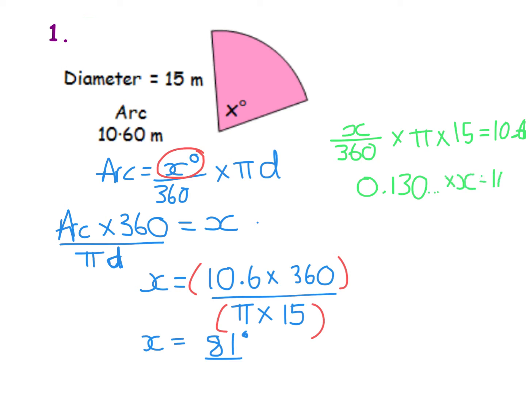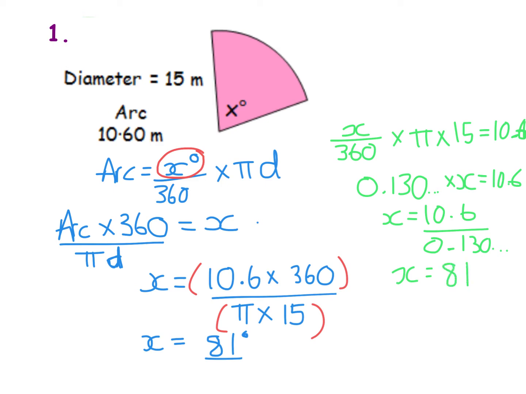You get this equals 10.6. Then you need to undo the times by the decimal, so you divide by that decimal. So you do 10.6 divided by 0.130..., using your answer button, and you will get the same answer of 81.